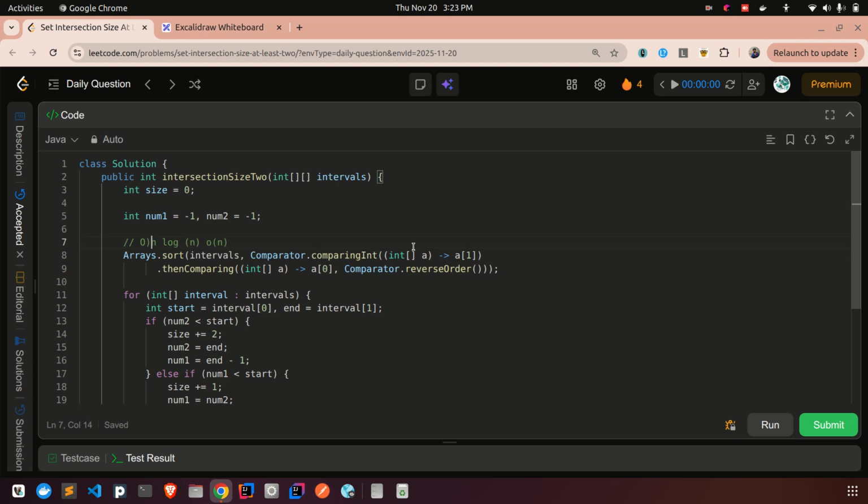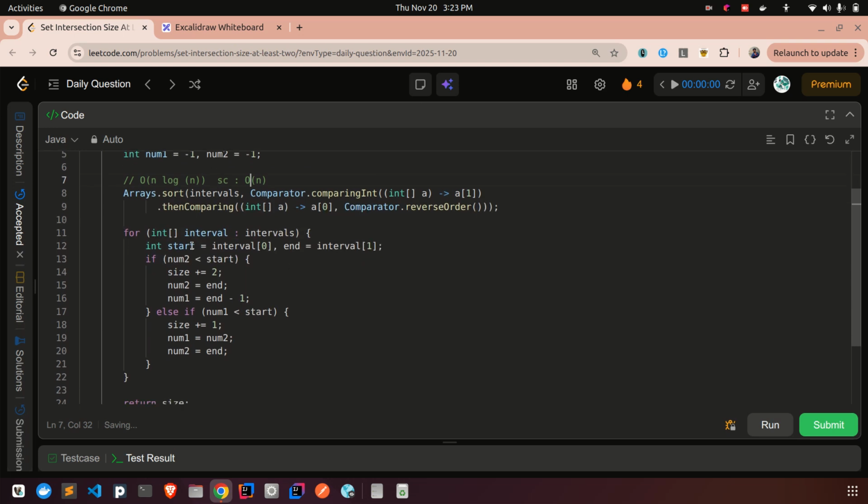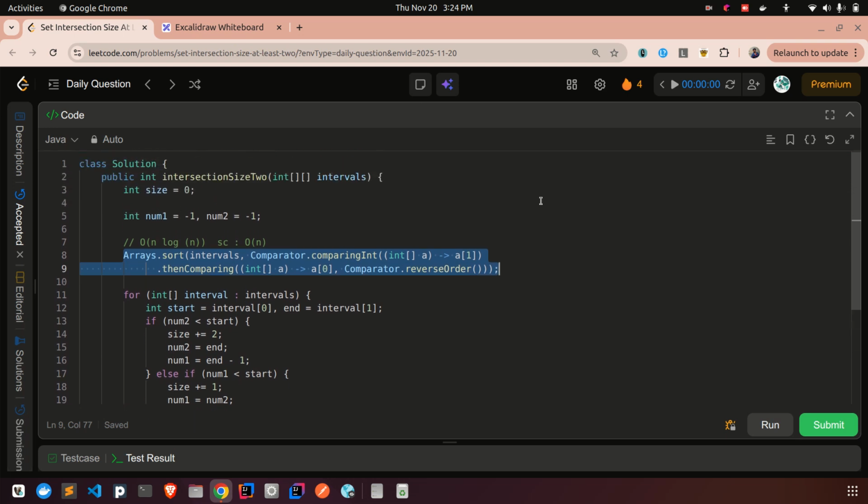So the time complexity is basically n log n, and the space complexity is basically big O of n. And this is just a linear iteration which we are doing, which will be order of n. So the overall time complexity for this algorithm would be the time complexity coming from the sorting algorithm. Yeah, that's all about this problem.